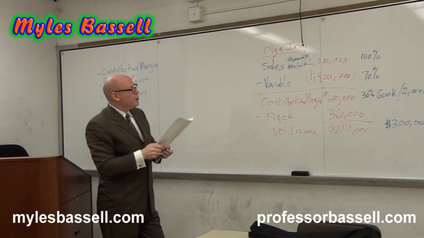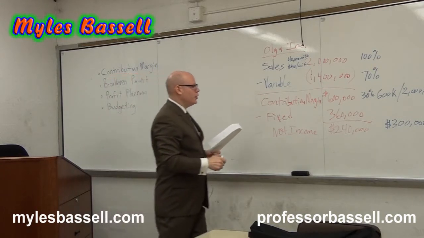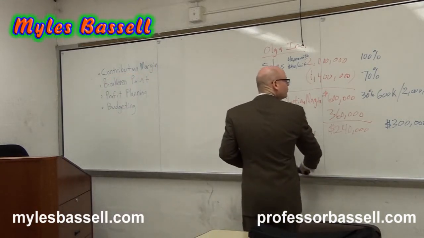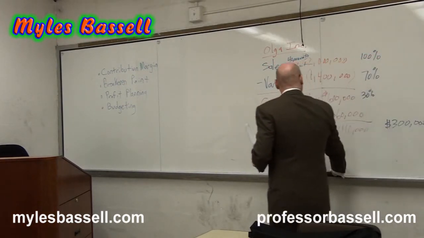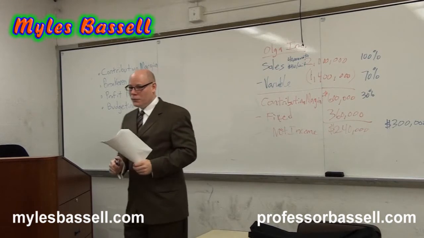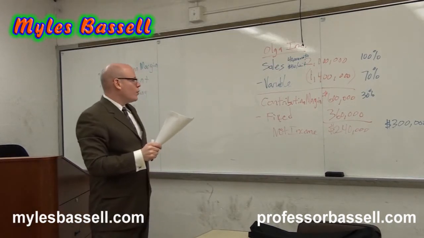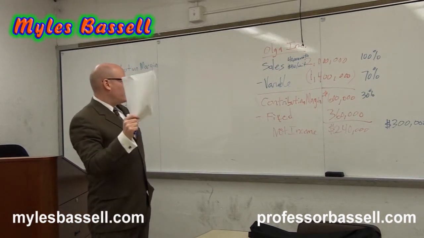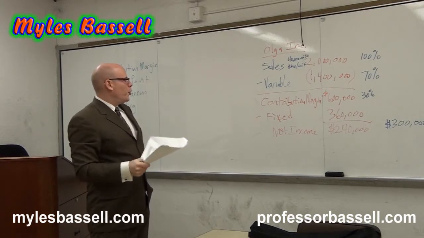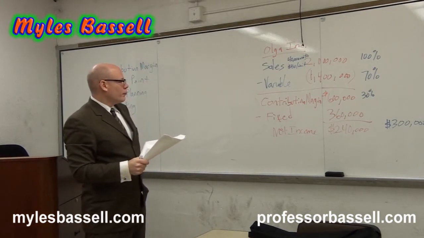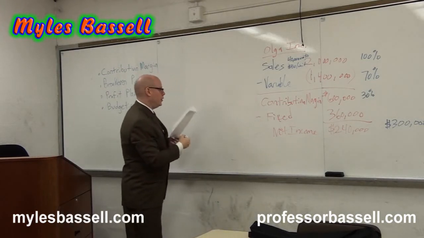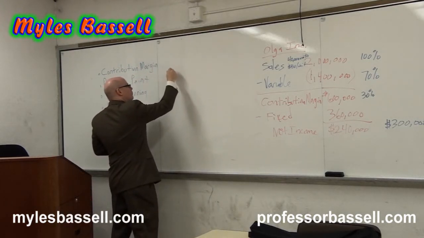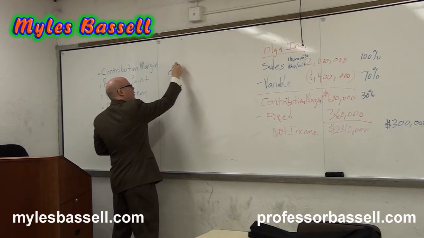So the first thing we have to do is calculate the contribution margin per unit. The ratio is going to stay the same; what we're going to figure out is per unit. So what is the contribution margin per unit? 15. Damon, you said 15?